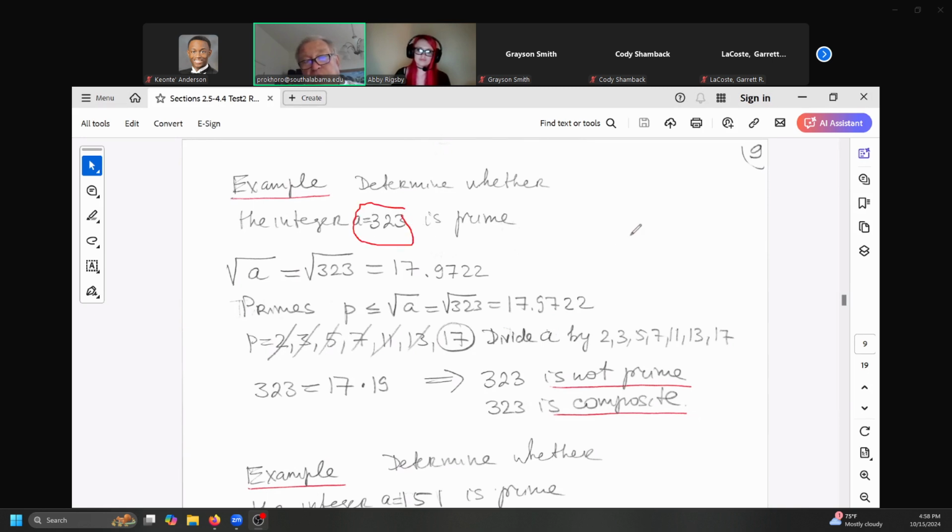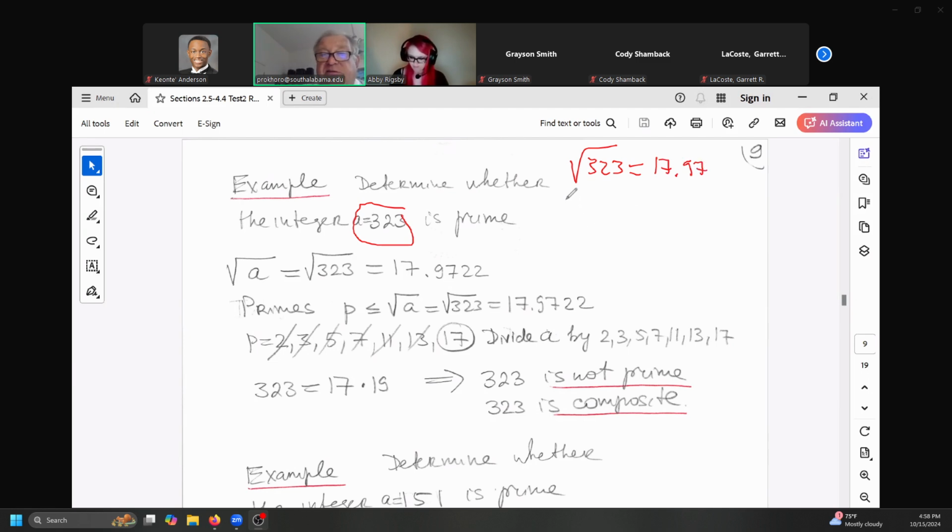To check whether 323 is prime or not, we need to take the square root of 323. If we use the square root, we get 17.97.